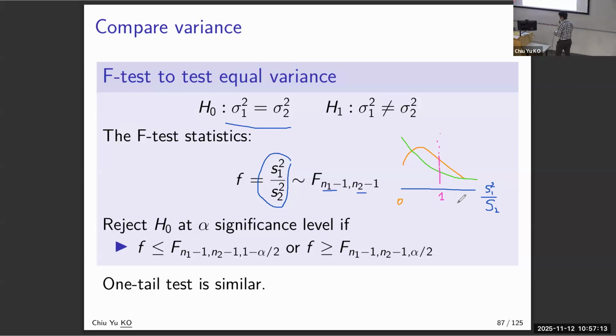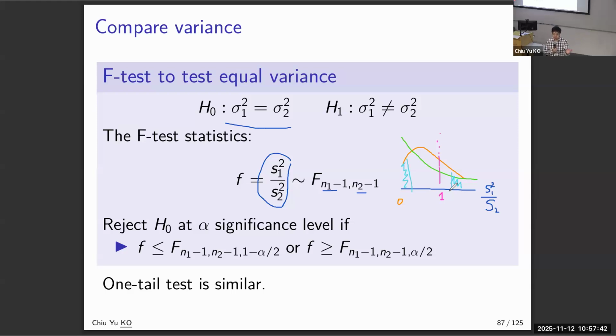But you reject if you see something like this, 5% here and 5% there. One of the problems is that this F distribution is not symmetric.